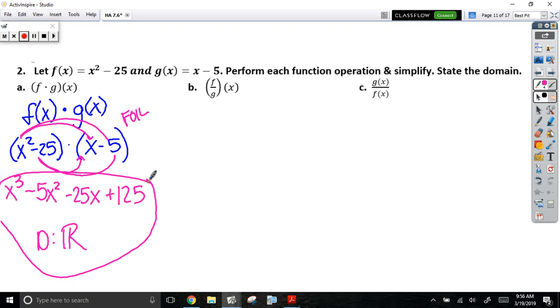Next one we have f divided by g of x, which can be rewritten as f of x divided by g of x. Now we did this back in chapter 5 where we simplified rational expressions. So first fill everything in, x squared minus 25 over x minus 5. What I'll see as the mistake is that you guys will start using your exponent rules.